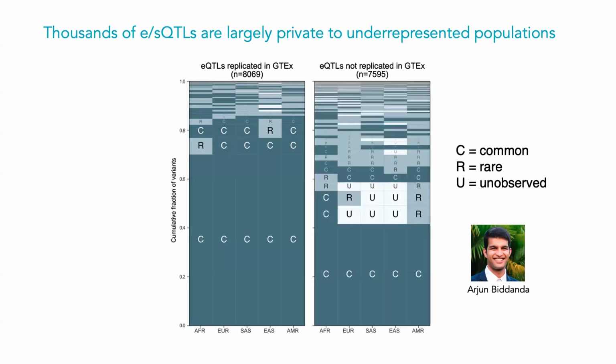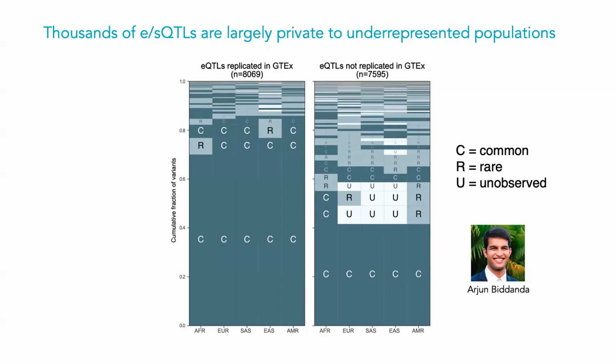But if we contrast that with the eQTLs that are identified in our study, but were not identified by GTEx, which actually turns out to be approximately the same number of eQTL signals, you can see that the frequency patterns are really different for that set, and that the new eQTLs that we identify tend to be more geographically stratified.